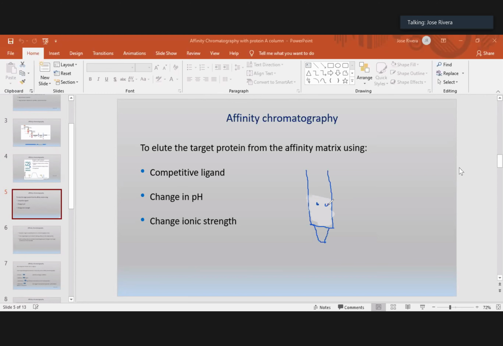So let's say these circles are your protein, IgG. Okay, so it's stuck there to the ligand. So you have IgG bound to protein A. I'm just going to write protein A. Okay, so you have all your IgGs bound to protein A.